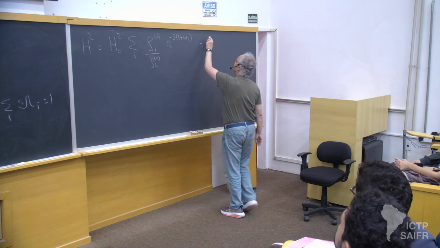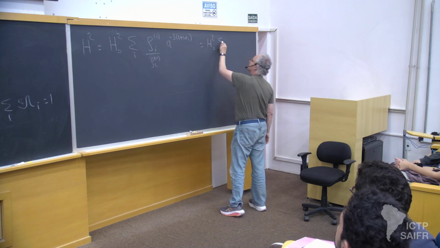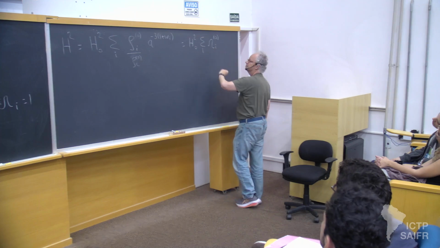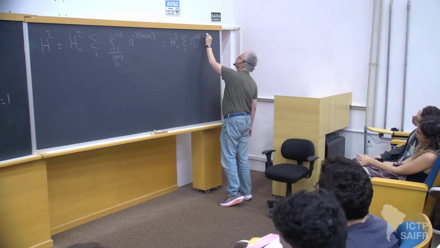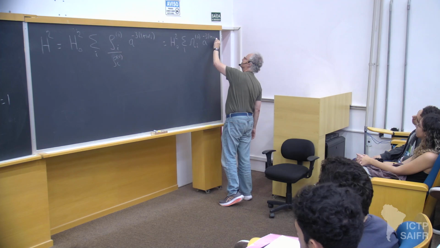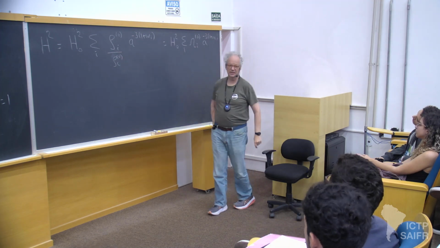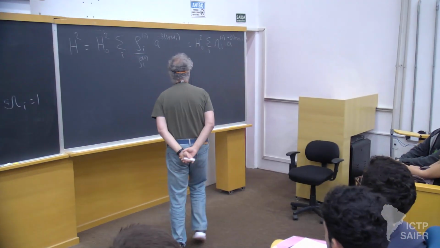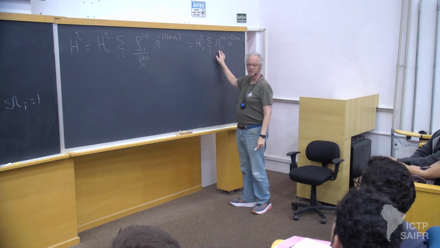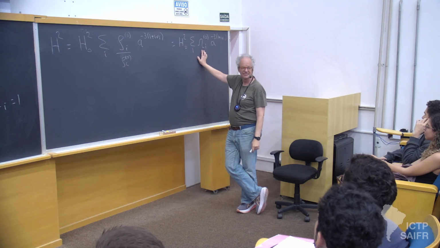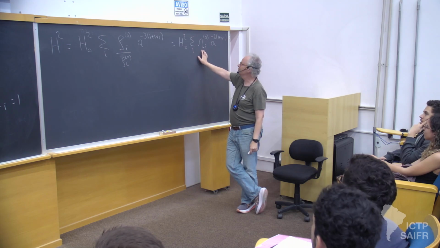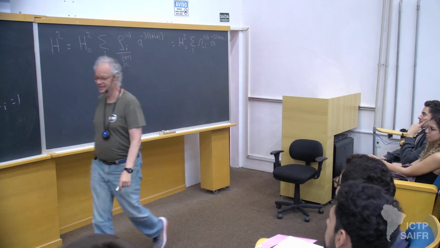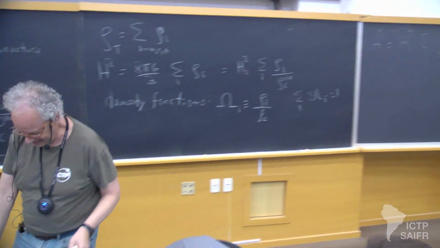So I can write this as H0 squared, and that's it. That's Friedmann's equation in terms of these variables, which are the components of the universe. So if I give you the components of the universe today, you can solve this equation. Okay? That's easy.